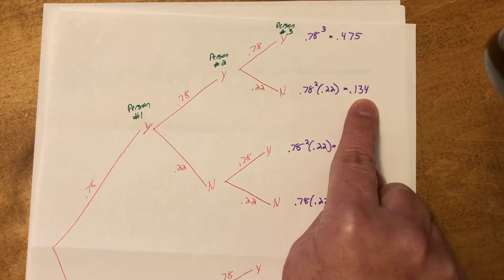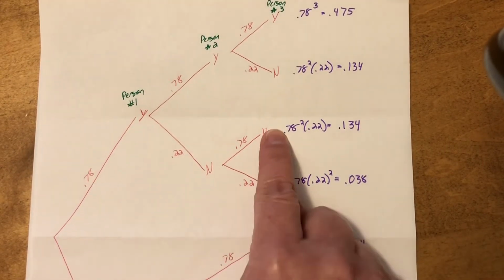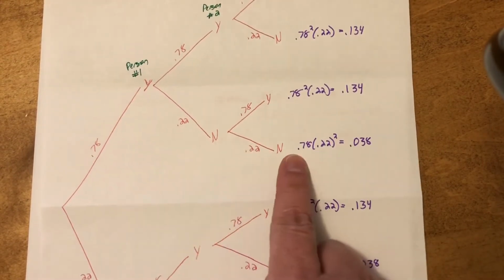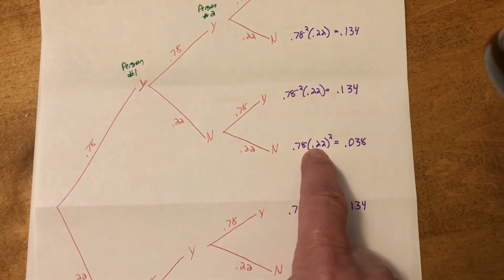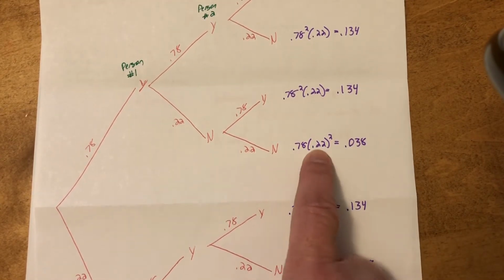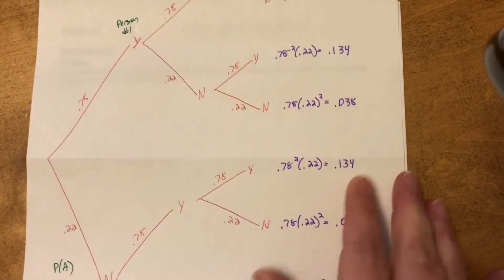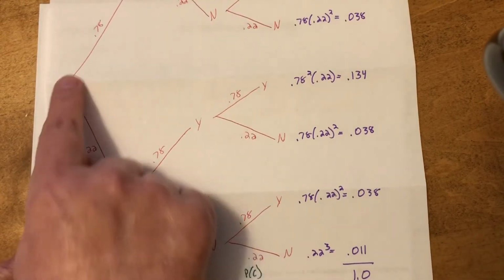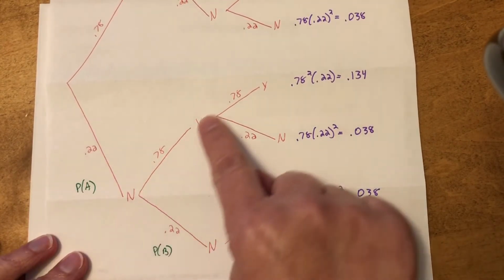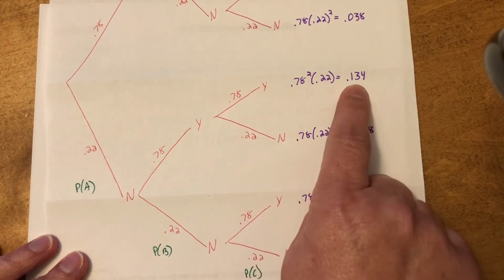About 13% chance. We can go down each of these branches and see the combinations of people that like chicken and people that don't. This one had 1 person that liked chicken and 2 people that didn't. That's only about a 4% chance. Well, it could happen. And then here we have 1 person not liking chicken, but the other 2 people liking chicken. Back to 13%.